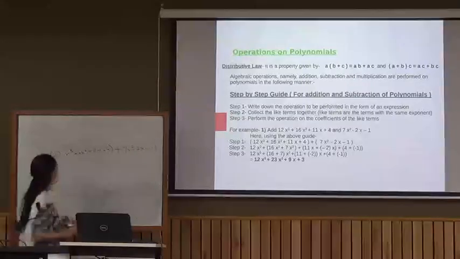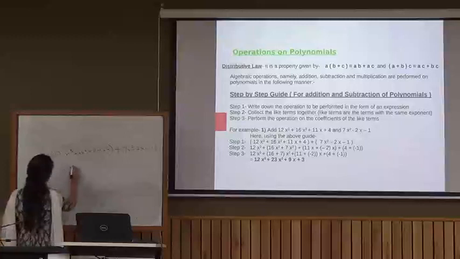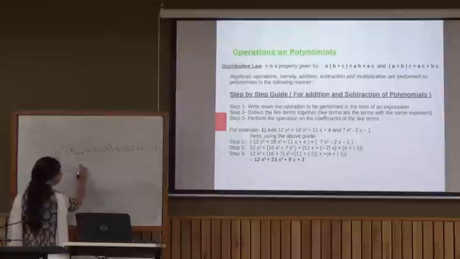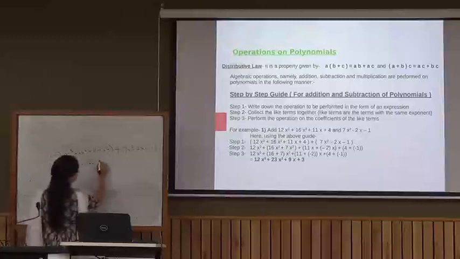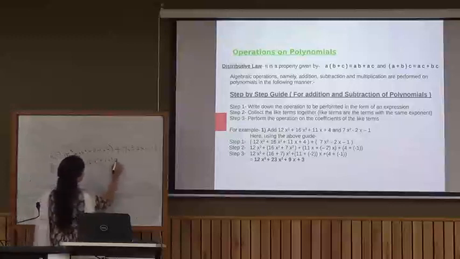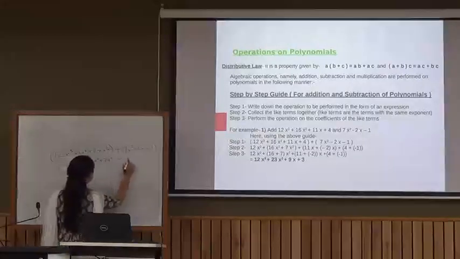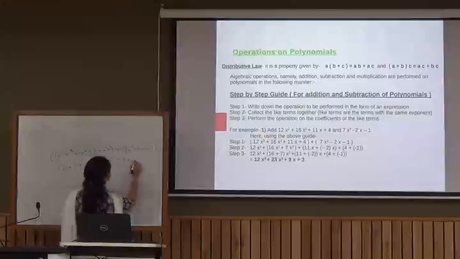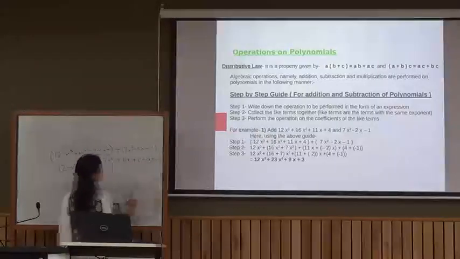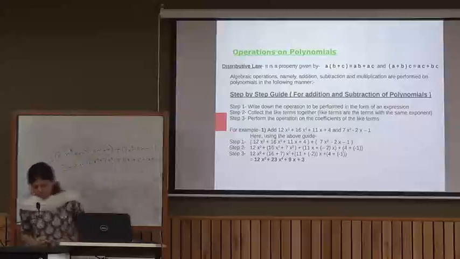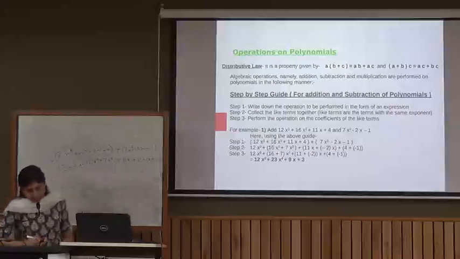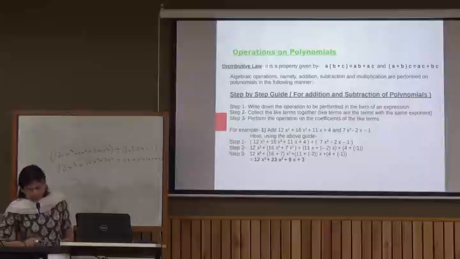So we get, then the step 3 lastly is to perform the operation on the coefficients of the like terms. For this, we also use the distributive law.